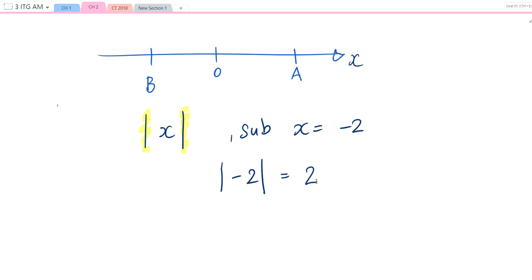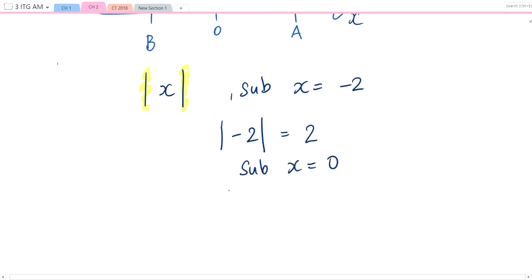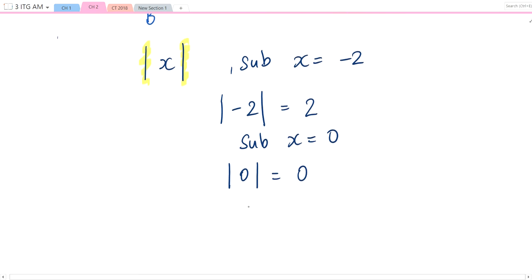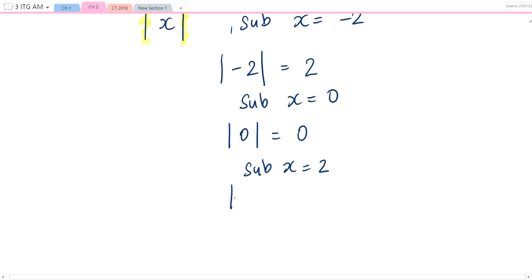Okay, so what if we were to sub x equals to 0? Then we will have modulus 0 equals to 0. And let's have a third example, sub x equals to 2. So modulus of 2, which is the magnitude of 2, is simply 2.